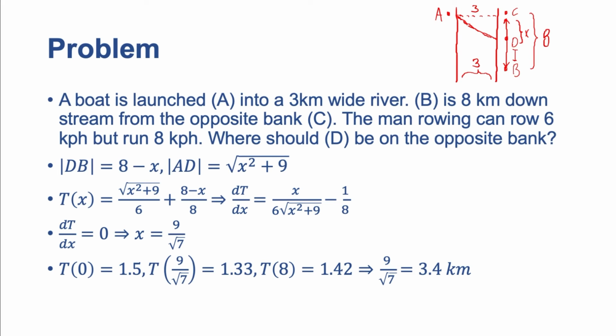That means that x should be 3.4 kilometers downstream, and that's an approximation, of course, because we do not have algebraic numbers here that we should just put into these decimals. That will be easier to approximate. So here we have 3.4 kilometers as our final answer.